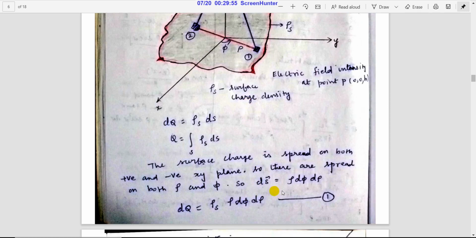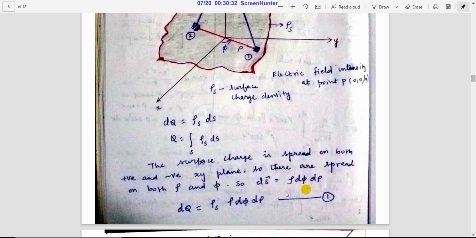So the ds vector is constituted with the help of d rho and d phi. Since it is constituted only with rho and phi, we have the term rho into d rho into d phi. Why? Because the arc length for the particular change in phi is rho into d phi, and the change in rho is d rho.